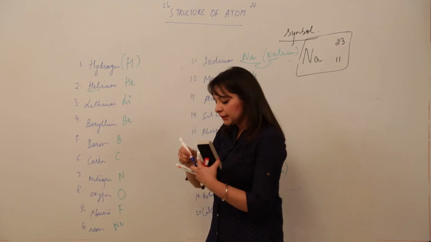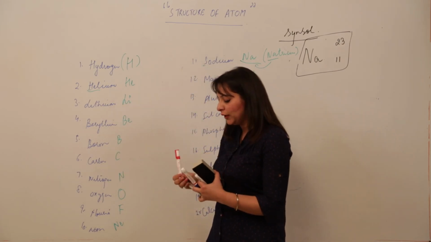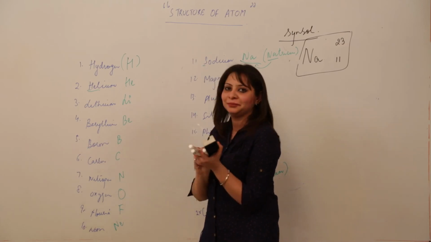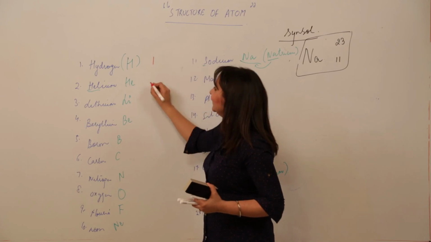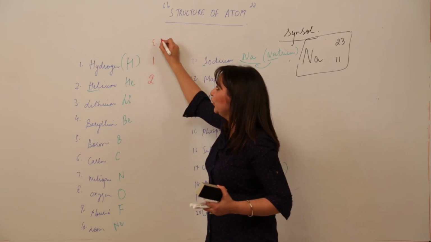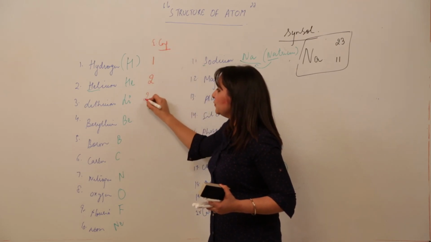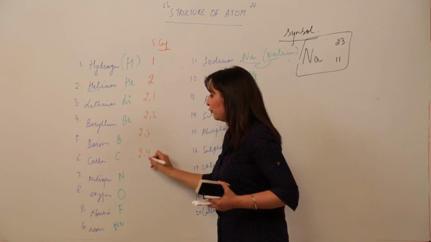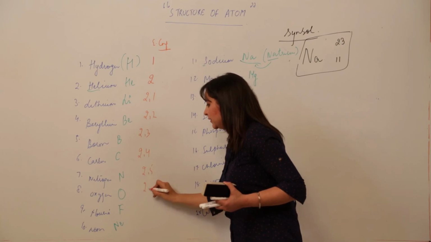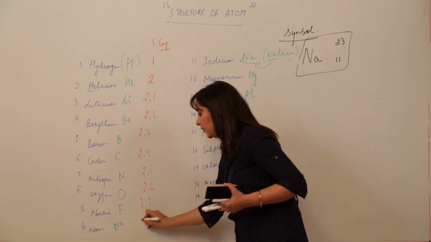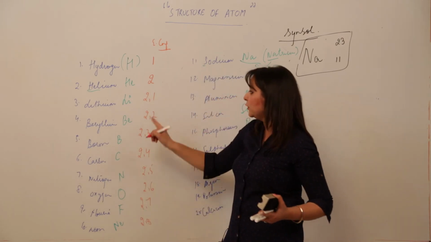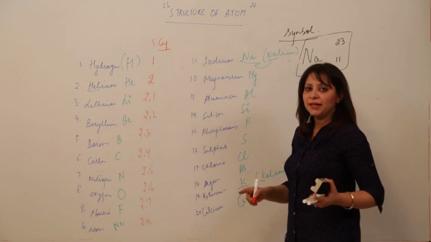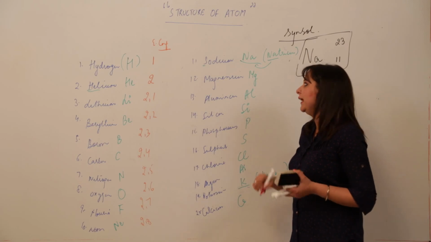To make it more colorful, I will write with another pen so that it is clear to you. 1, 2, these are the electronic configurations. Lithium 2,1, beryllium 2,2, this is 2,3, this is 2,4, this is 2,5, this is 2,6, this is 2,7, this is 2,8. Don't forget to write the commas. It will differentiate which electron is in the K shell and which is in the L shell.